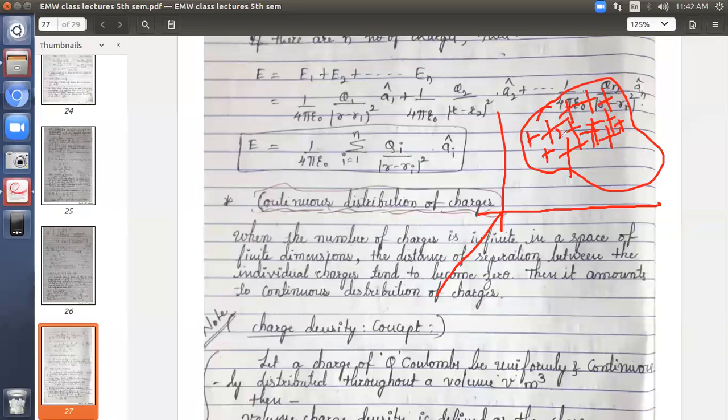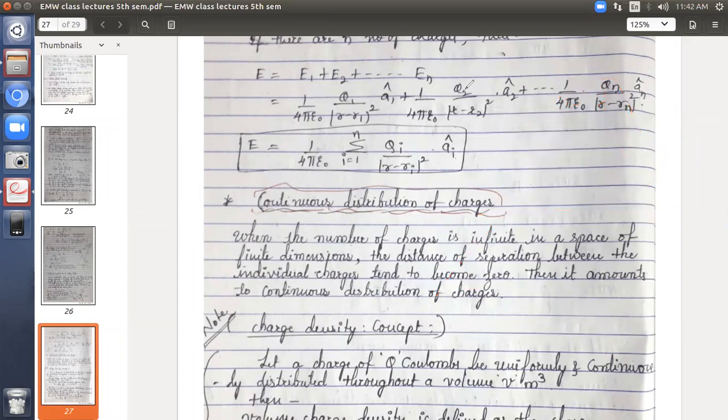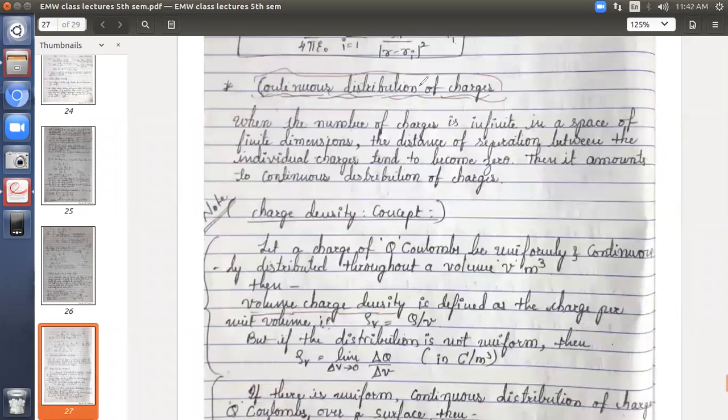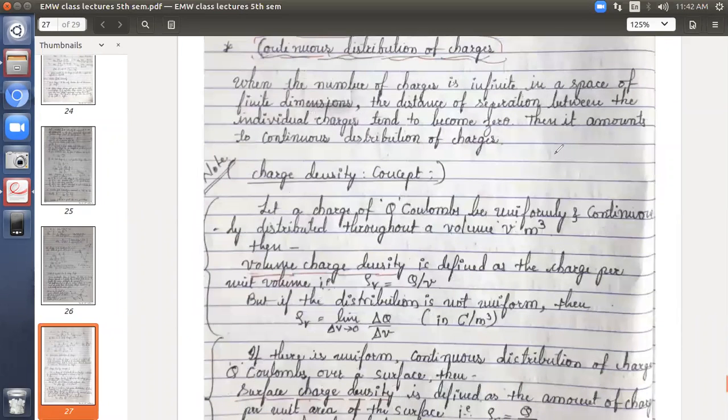They are very much compact in nature. There are an infinite number of charges, and the distance between these charges tends to become zero. Then we say that it is the continuous distribution of charges. So with this concept, let us see what charge density is. You might have studied this already. What is a charge density? It is generally a charge divided by whatever parameter you are considering.